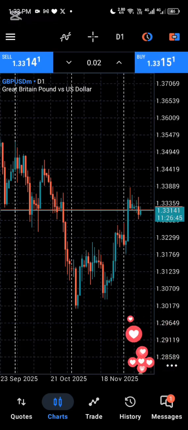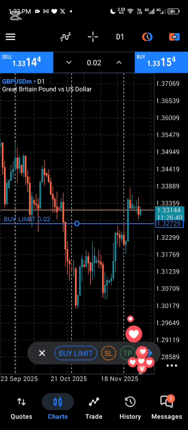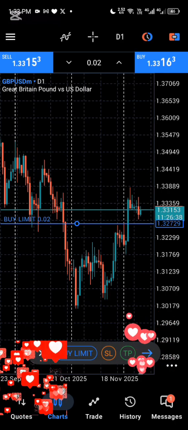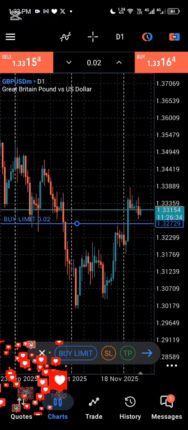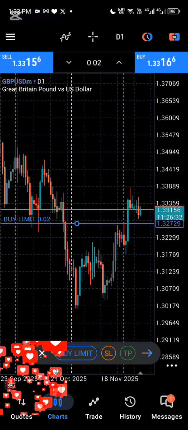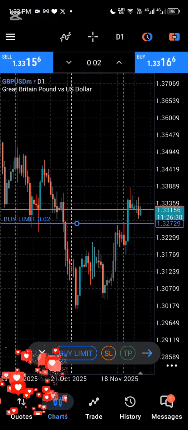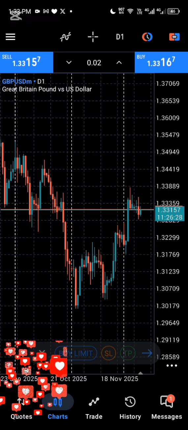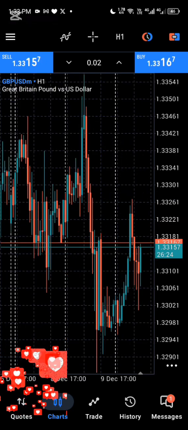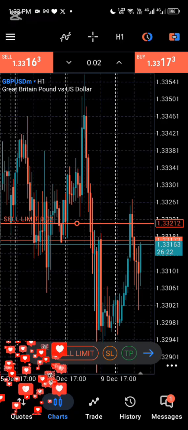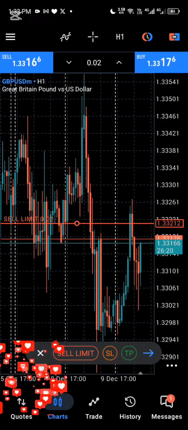Now, moving on to the next, if you click on the top side of this place, it automatically tells you if it's a buy limit, giving you an idea from the daily time frame. Now, if you come to the 1 hour time frame and click on that part again, the 1 hour time frame is giving you a sell limit.